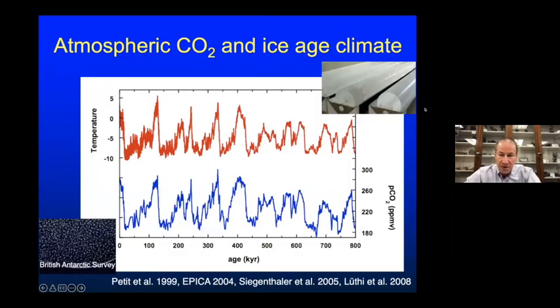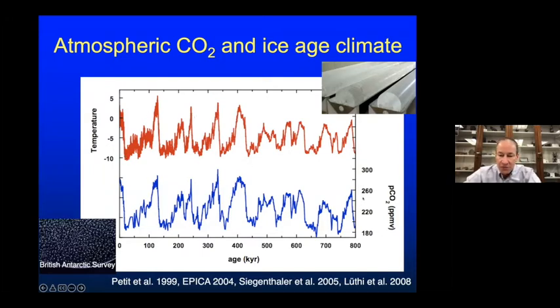And we know from ice cores that as the temperature has varied through time, here time is moving from your right to your left. The upper plot is temperature through multiple ice age cycles. Here's the last glacial maximum.